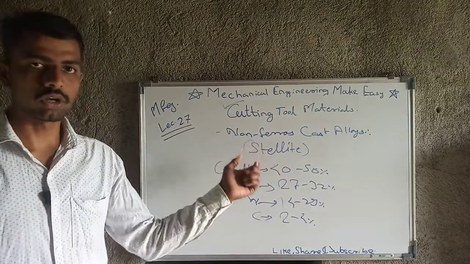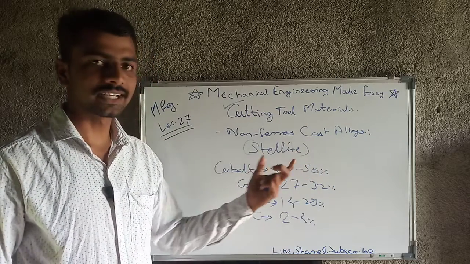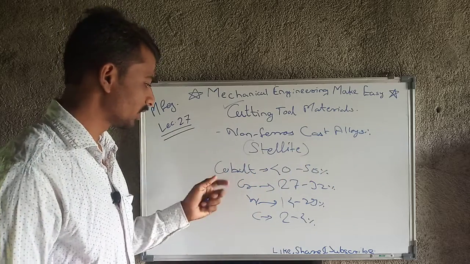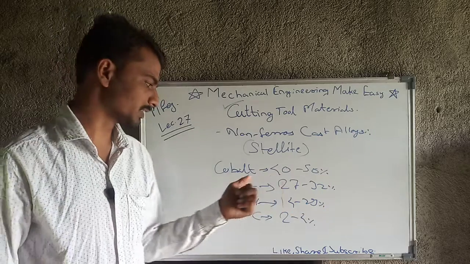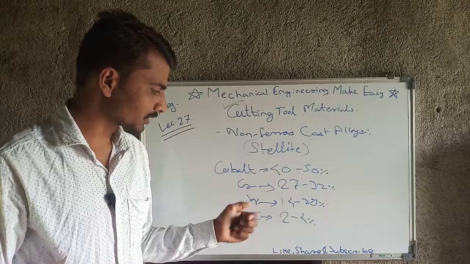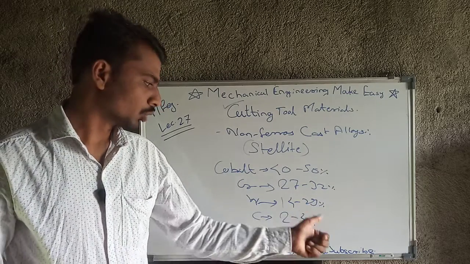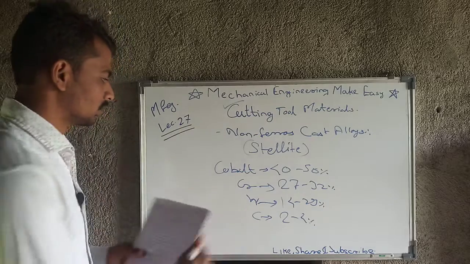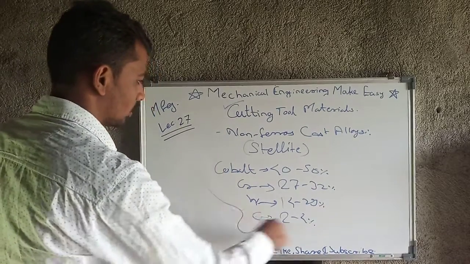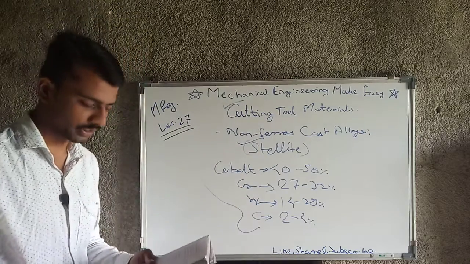So among non-ferrous cast alloys we generally use stellite, which has cobalt 40 to 50%, chromium 27 to 32%, tungsten 14 to 29%, and carbon 2 to 4%. Combining all these elements we get stellite, which is a non-ferrous cast alloy.